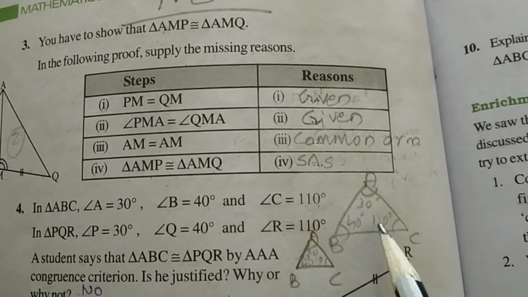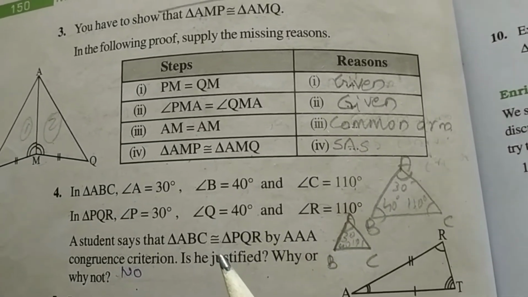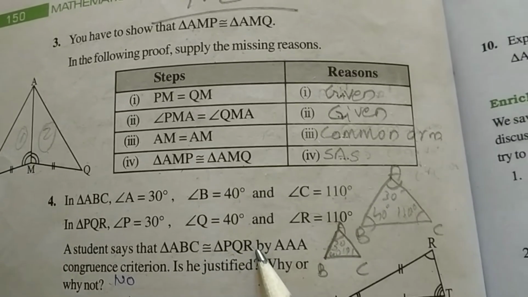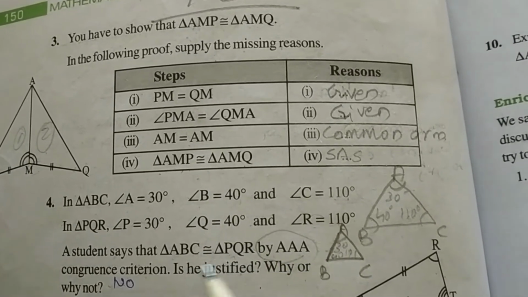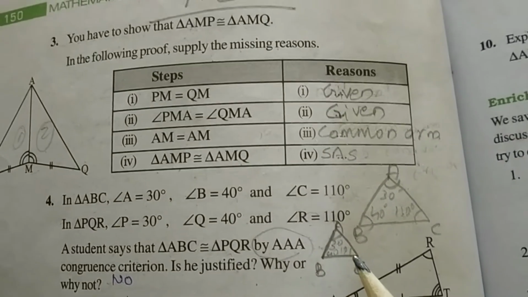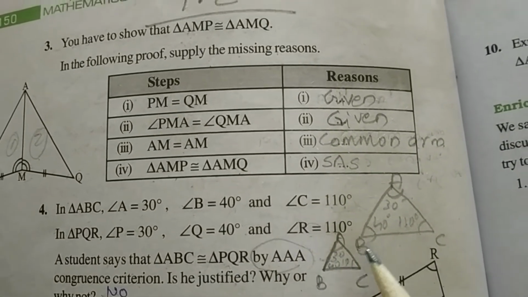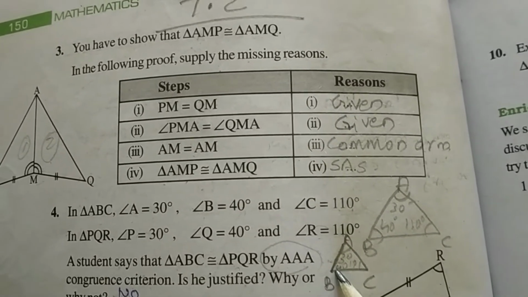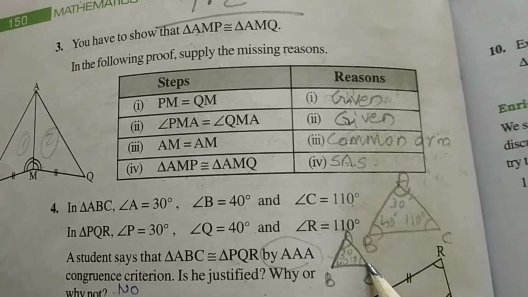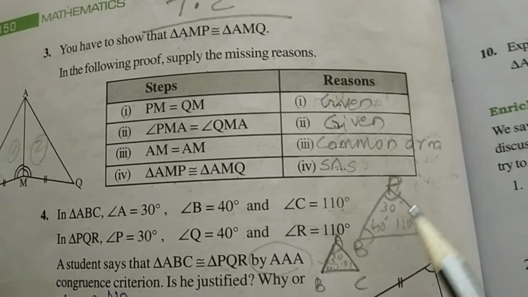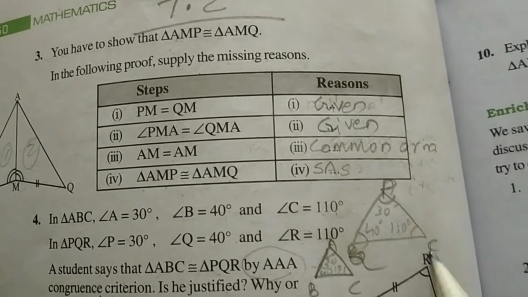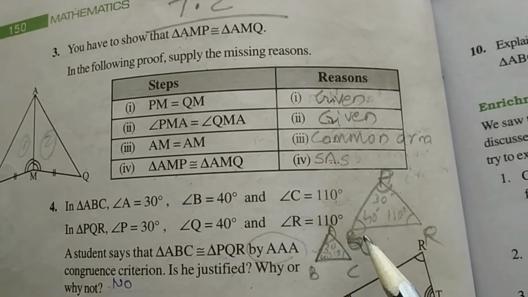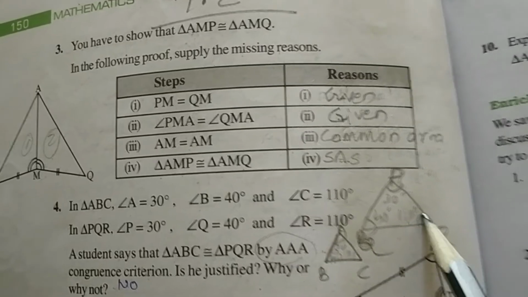So we can say these two triangles may not be equal to each other, because AAA is not a congruence criterion actually. The angles can be the same but the length of each side of these two triangles will be different. ABC or PQR doesn't matter, we can make the same angles but different sizes.